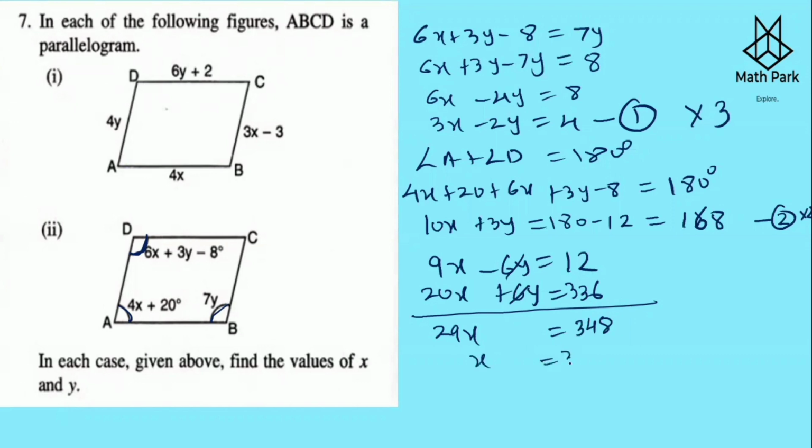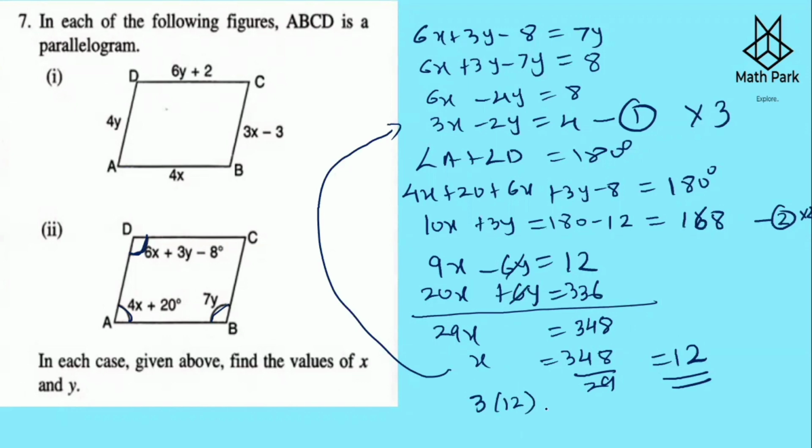So x is equal to 348 divided by 29, which is equal to 12. So we got the value of x as 12. Let us substitute this x is equal to 12 in equation number 1. So we have 3 times 12 minus 2y is equal to 4. 12 3s are 36 minus 2y is equal to 4.